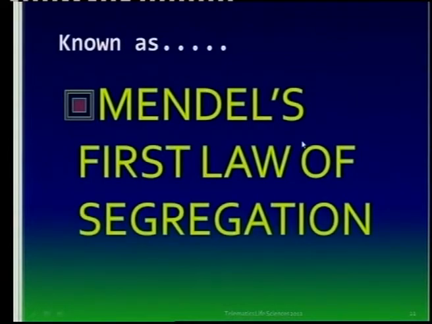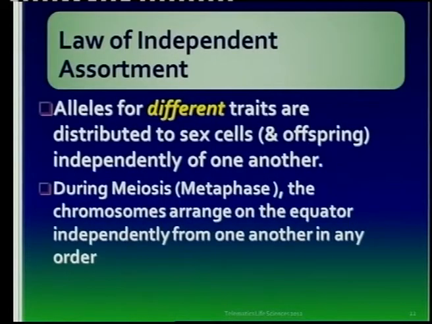This is called Mendel's first law of segregation. Make sure that you know these definitions as well. Very important for exam purposes. Now there's a question, what if both red and yellow are dominant, what happens then? Just wait, we will show you. It's still coming, bear with us and we'll get to that.